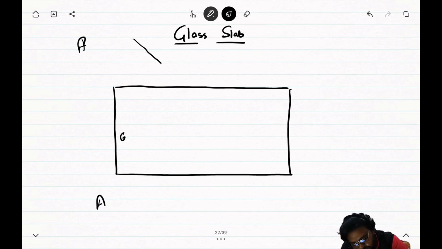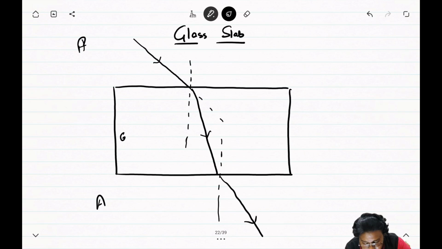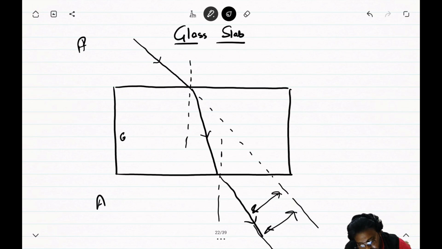When light comes from air to this, at this point of incidence, it will move towards the normal. At this point of incidence, it will move away from the normal. And if we extend this line, we will get a parallel line.